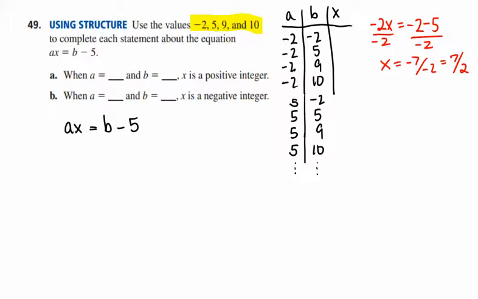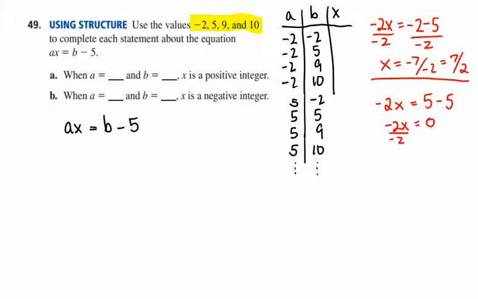Now we could go on, we could try the next combination, etc., and see what we would get here. So we're saying that a is still equal to -2, so this is a different example. A is still equal to -2. B would be equal to 5. And then we still have -5 there. So we can see on the right side that we'd get 0.